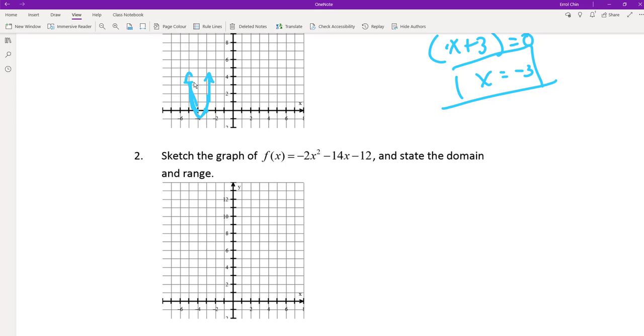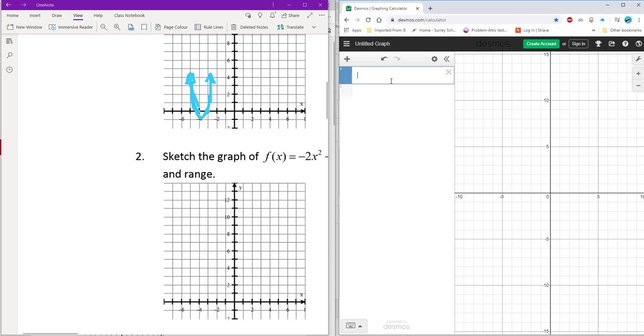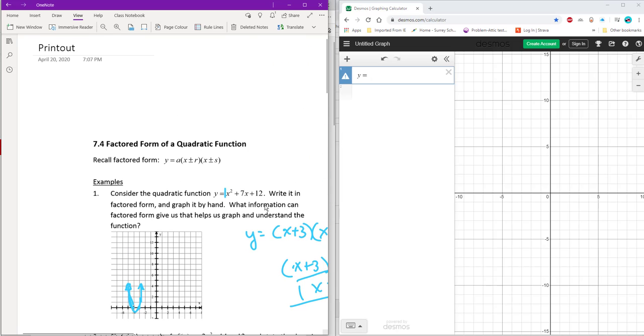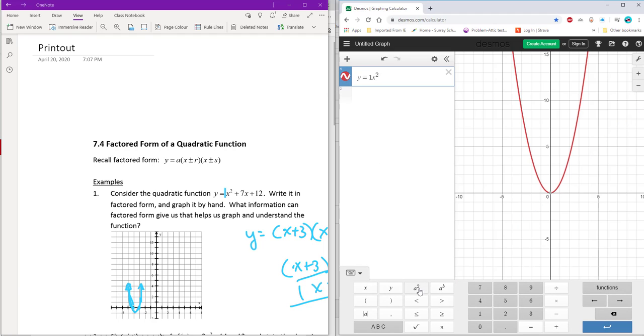It's something like that. Now I also have Desmos opened up here so you can see that I'm kind of close. My drawing is never going to be as good as a computer. Let me zoom back out. What was it? y equals 1x squared plus 7x plus 12.